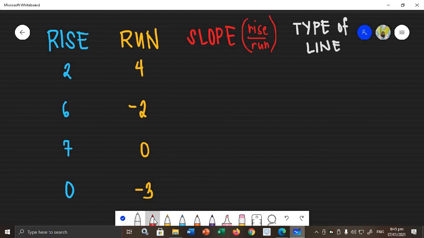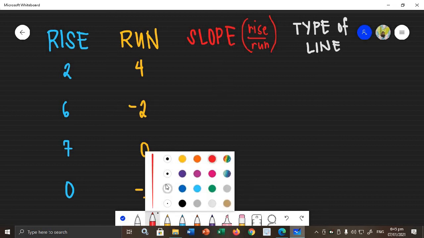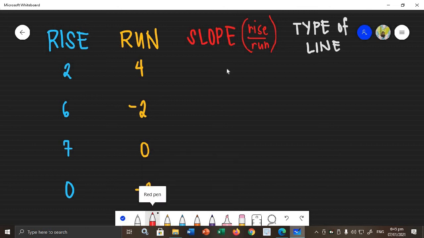If we will be solving the slope of this example, ang makukuha natin is rise over run, 2 over 4. If we simplify that, that is equal to 1/2. Yan yung makukuha nating slope, di ba? 1/2. And 1/2 is a positive number.